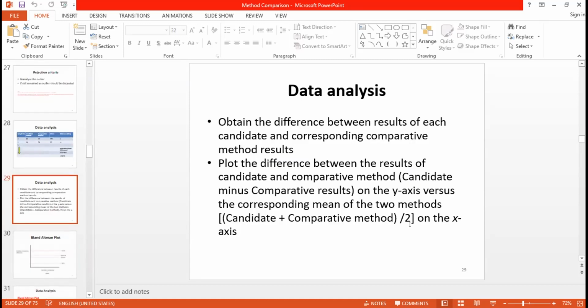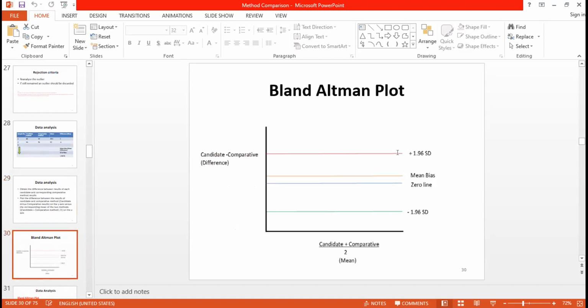And now you can plot your data on a Bland-Altman plot. And I'm not going to read this because this chart is going to do that. That is a Bland-Altman plot, which has the mean value of the candidate method and the comparative method on the x-axis, and the difference between the 2 methods on the y-axis.